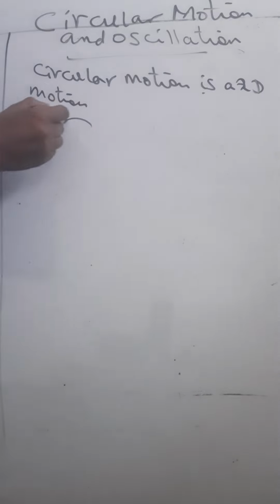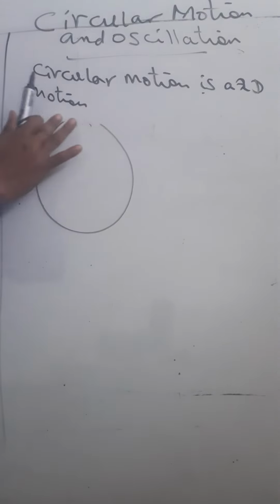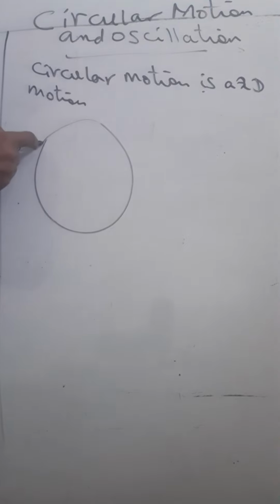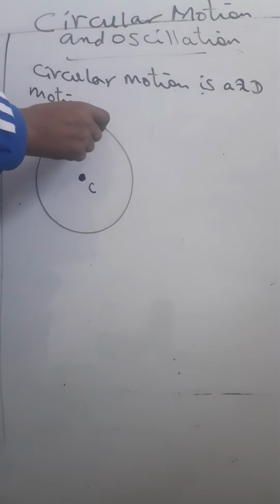So you can say this is a circle about which a particle moves around a fixed point called the center. This is going to be the path along which a particle moves.